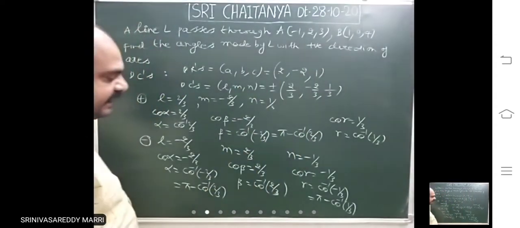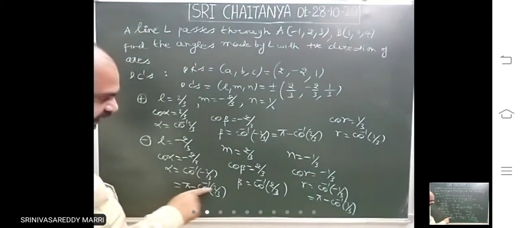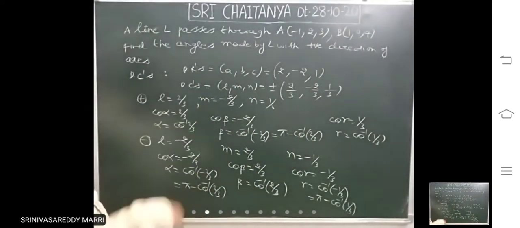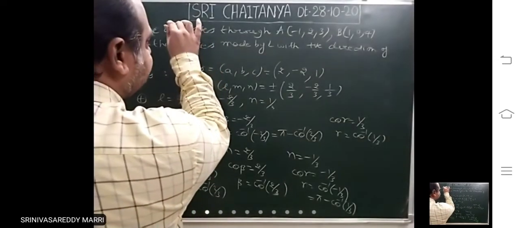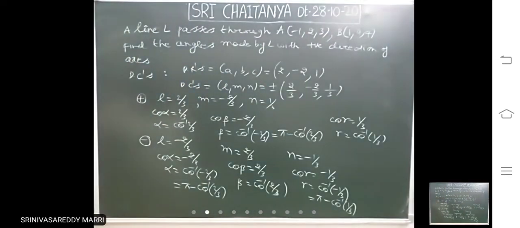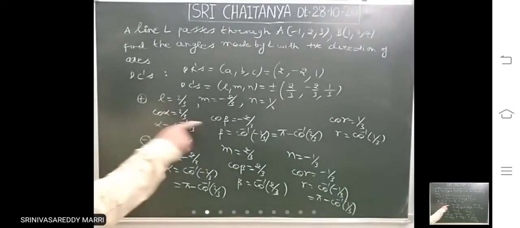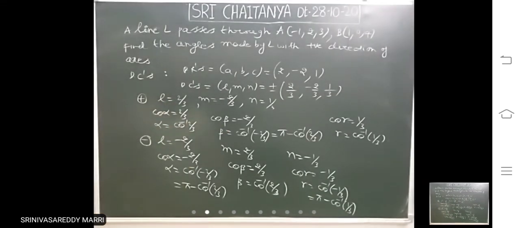If you take minus, the other direction of the line makes these angles. Both are correct. Like that, whenever a line is given and you want to find the angles made by that line with the positive direction of the coordinate axes, find DCs and then cos alpha, cos beta, cos gamma.